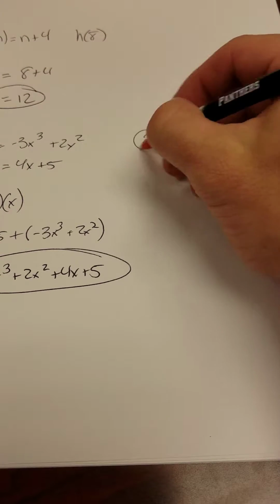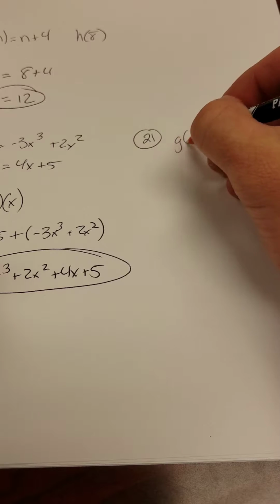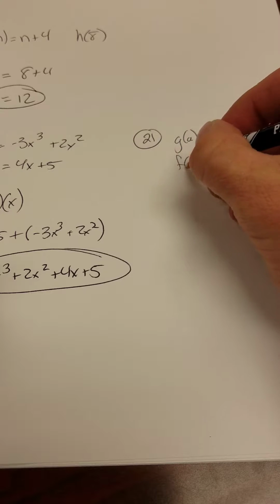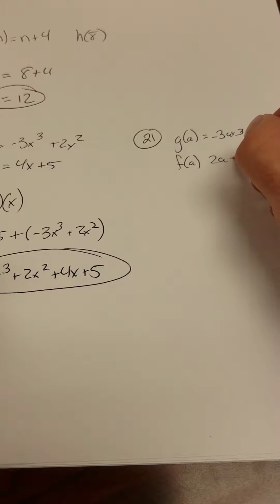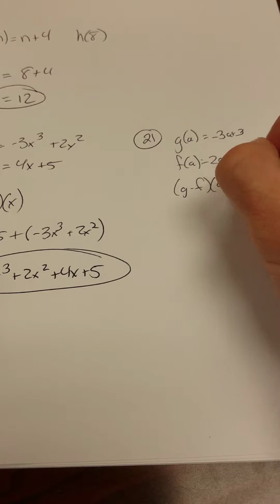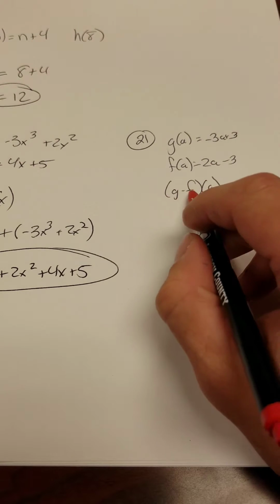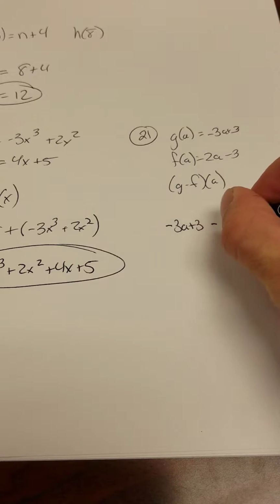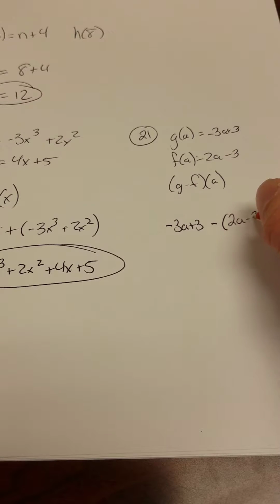Number 21 is going to follow the same pattern. It says find g minus f of a. Well, take g, subtract f. So negative 3a plus 3 minus parentheses 2a minus 3. Okay?